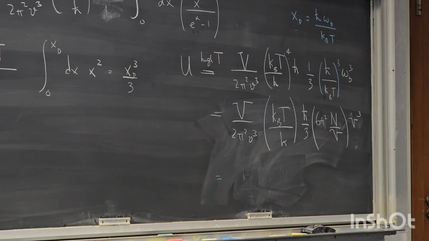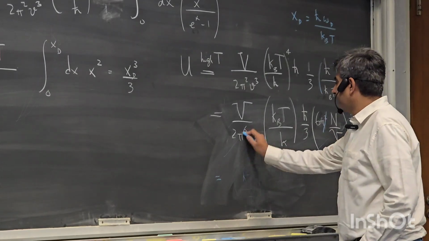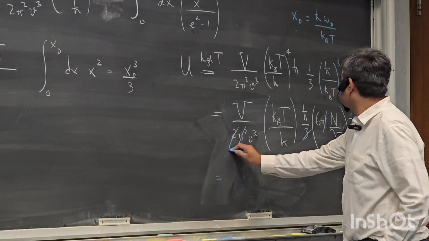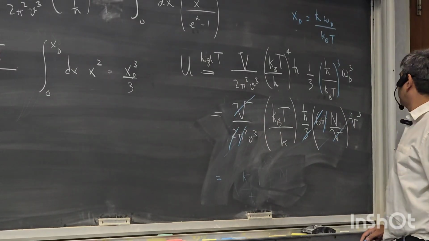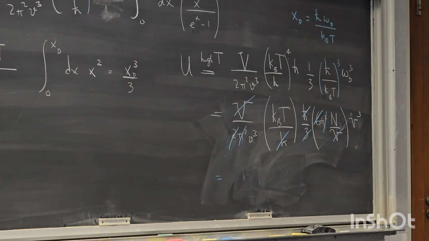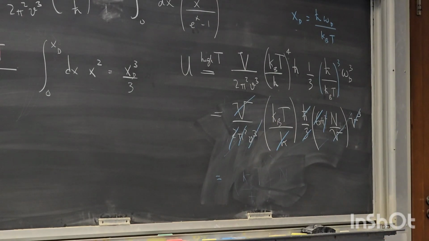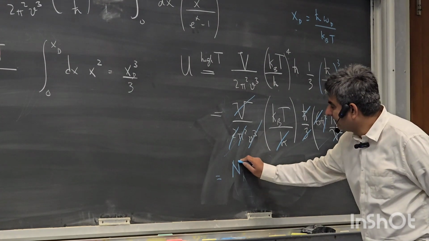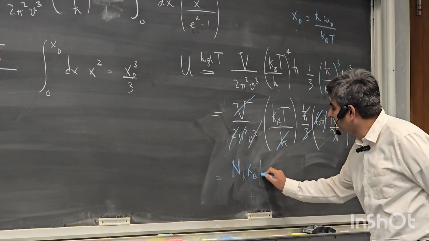Okay, so this pi square goes away, this 2 into 3, 6 goes away, this V goes away, this h bar goes away, and this v cube goes away. What am I left with? I'm left with n kBT. Beautiful.